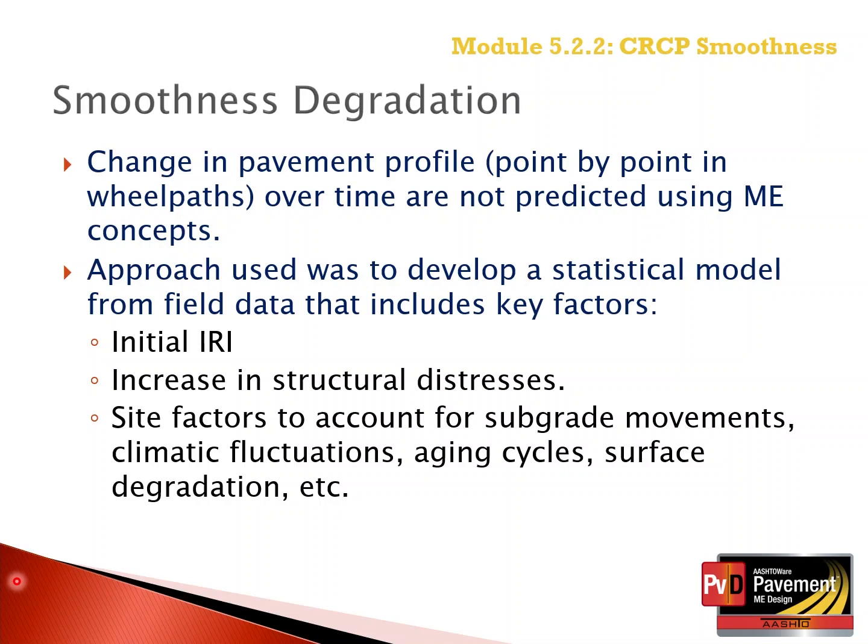The approach applied in the MEPDG is to develop a statistical model or regression equation to determine the change in IRI from field data, which include key factors such as the initial IRI, the increase or change in structural distress over time, and the site factors to account for subgrade differential movements, climate fluctuations, aging, and surface degradation, as well as other surface defect issues.